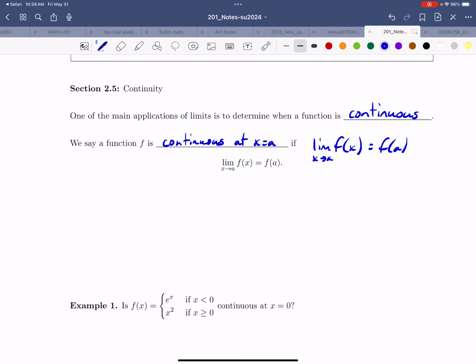What I'd like to do is maybe get a graph going, and just maybe try to intuit when a function is continuous and when it's not.